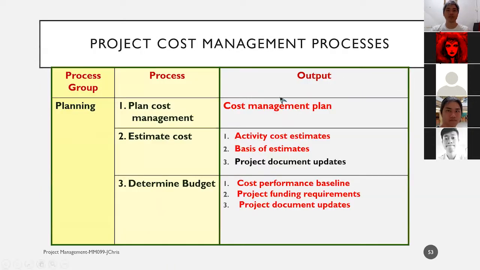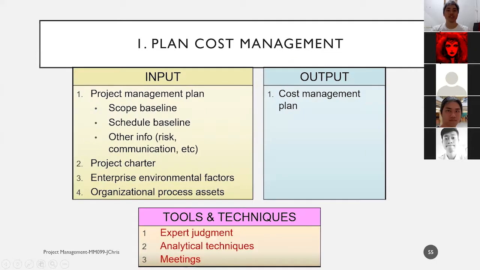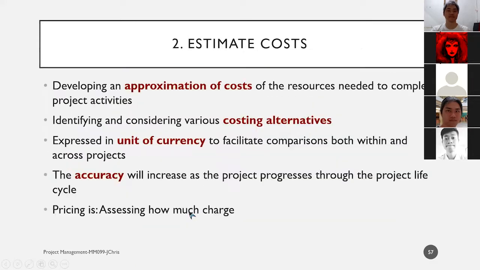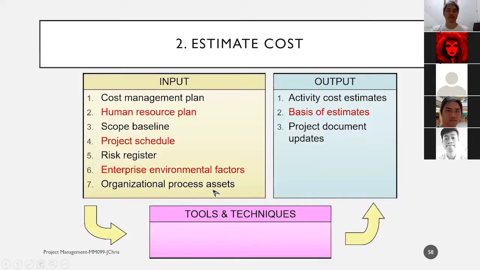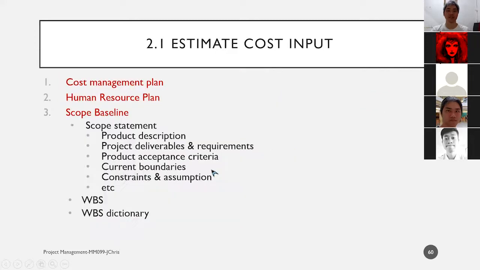The project cost management process has 3 main processes: plan cost management itself, estimating costs, and determine the budget. Each process has different inputs, outputs, tools, and techniques. For estimating costs, there are very many tools and techniques. We are not going to cover them in detail here.